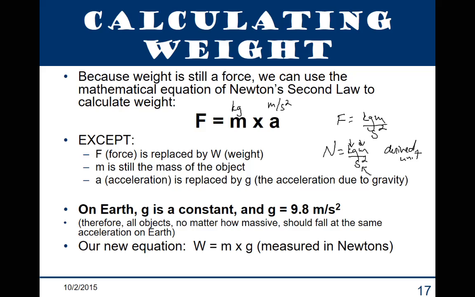If you wanted to take this back even further to see where the meters per second squared came from, remember that acceleration is equal to delta V over delta T. So this is equal to V final minus V initial over T final minus T initial. Velocity can be broken down even further: velocity is distance per time final minus distance per time initial, over time final minus time initial.